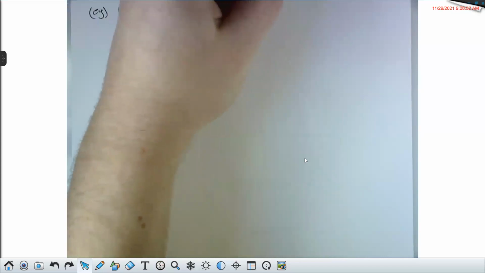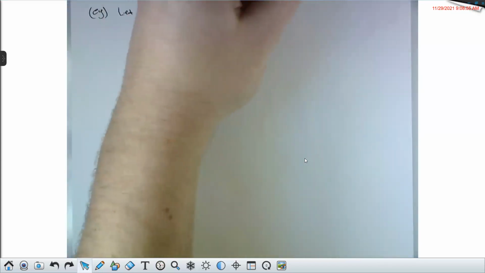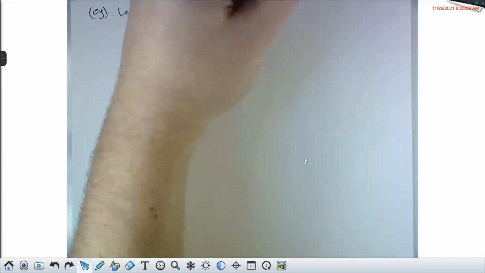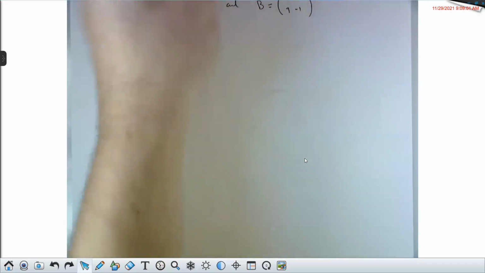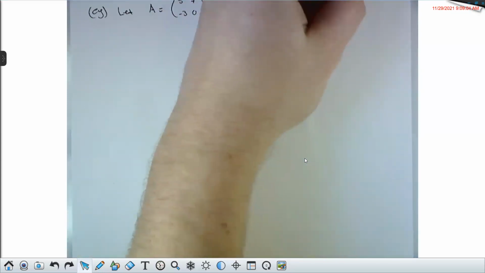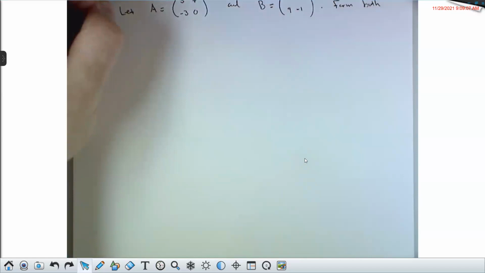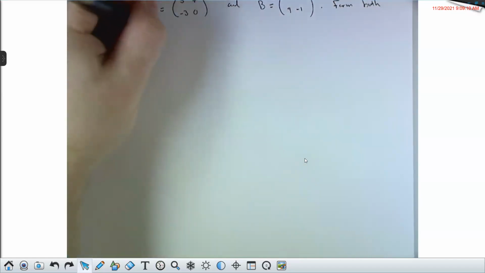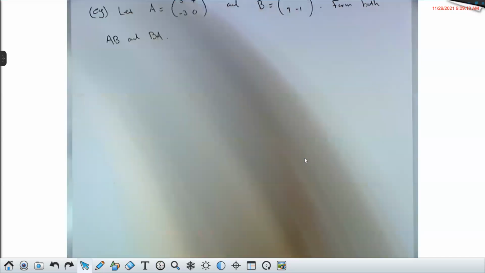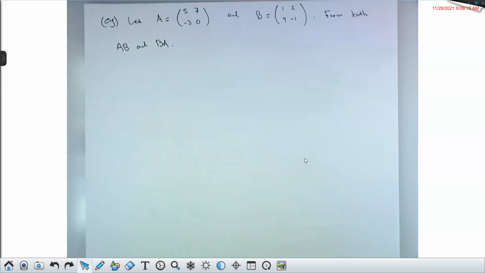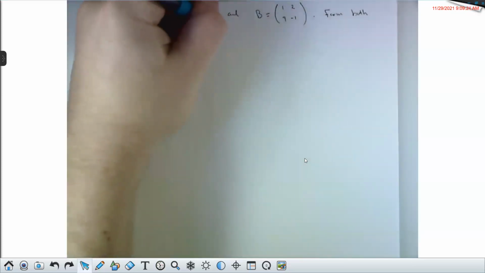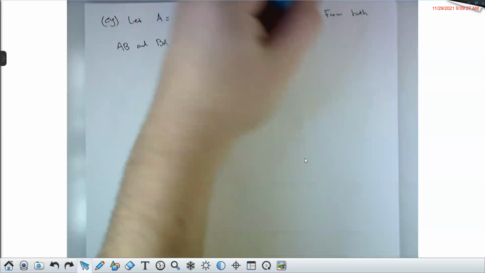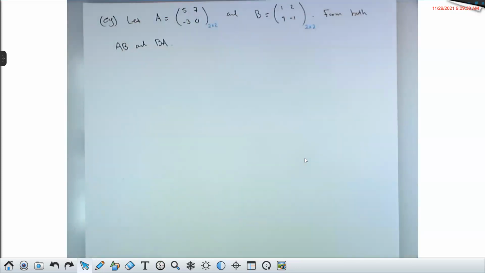And let's let B be also a 2 by 2 matrix, 1, 2, 9, -1. And I want to form both products, AB and BA. Since these are both 2 by 2s, I can actually form both products. I can multiply in either order. What you're going to see, though, may surprise you.